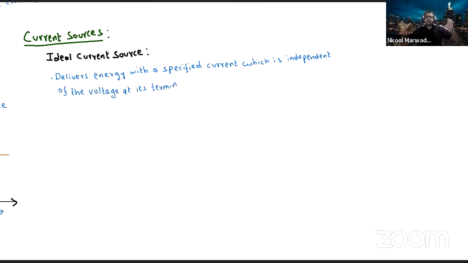So regardless of the voltage at the terminals, the ideal current source will constantly supply a constant value of current. Its current will not change regardless of how much voltage we draw.